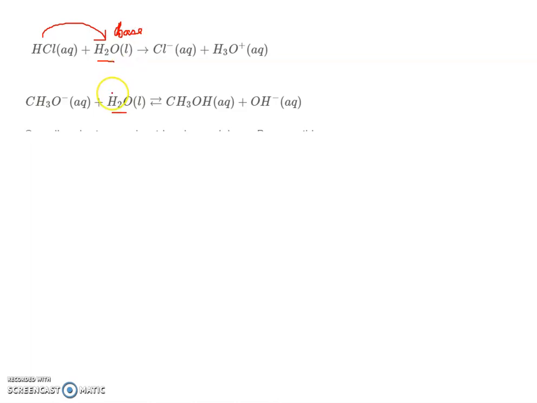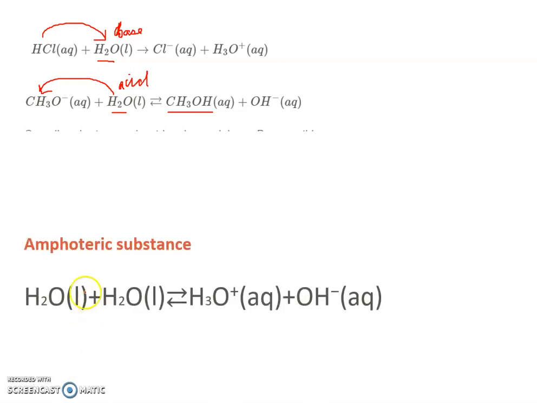But in the second reaction, the water is actually going to donate a proton. So here we have CH3OH. In this case, the water is going to act as an acid. Okay, so water can actually do both. And so we sometimes refer to that as an amphoteric substance. Like an amphibian can live both on land and water, an amphoteric substance can do both.